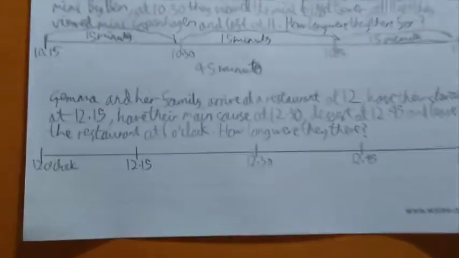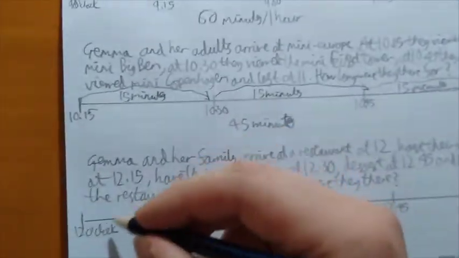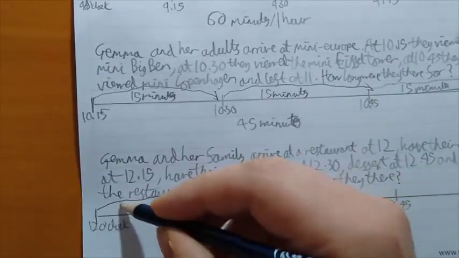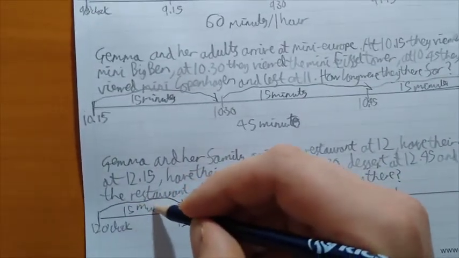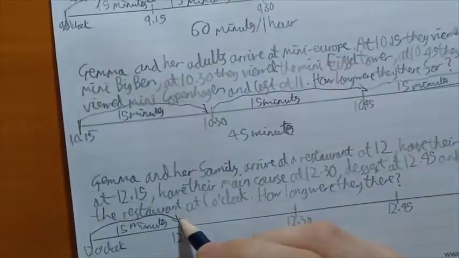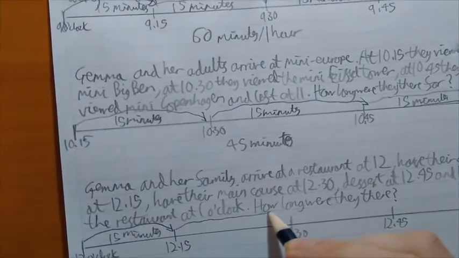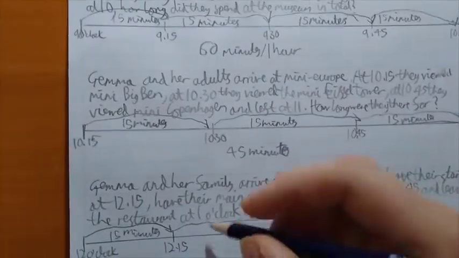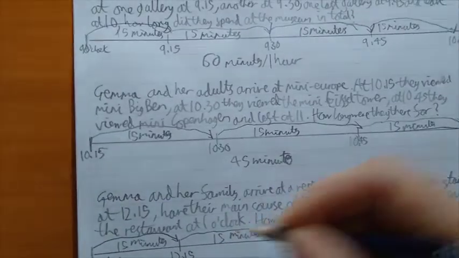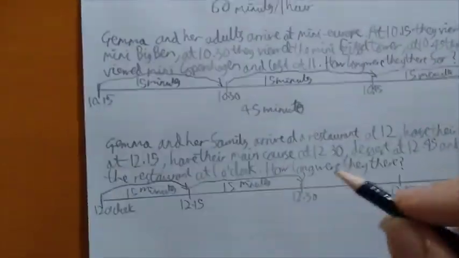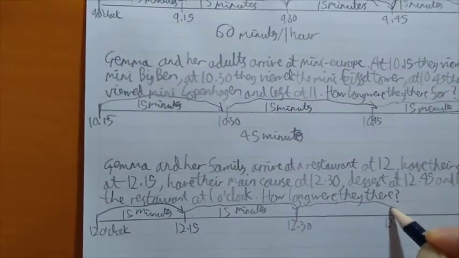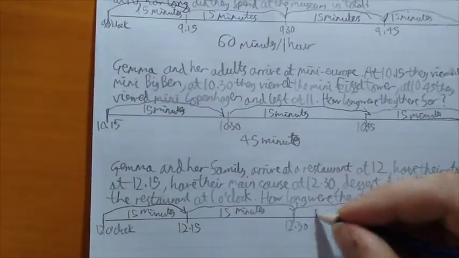So, 15 minutes passes between 12 o'clock and 12:15. Between 12:15 and 12:30, another 15 minutes, which makes 30 minutes. Add another 15 minutes.